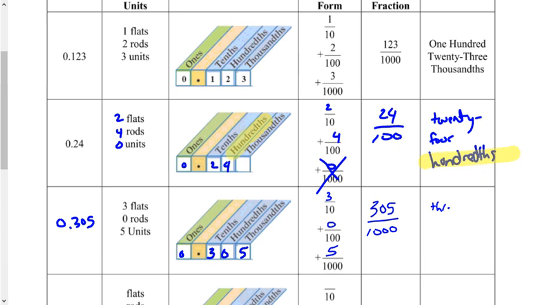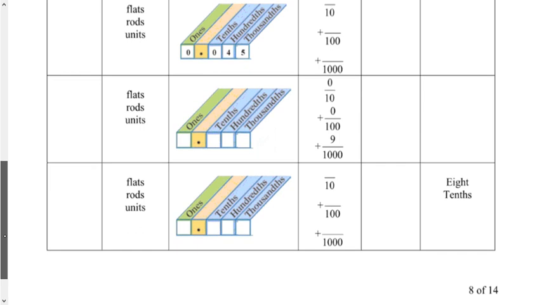Right, so this will be 305 thousandths. Now you wouldn't want to say 305 thousandths. If you said 305 thousandths, someone might think you're talking about this, 305 thousandths. Okay. So I want to make sure you're careful about where you're putting those.